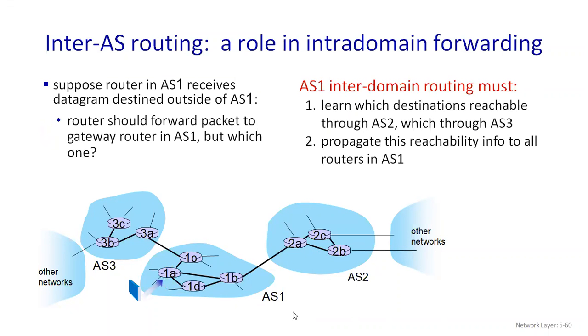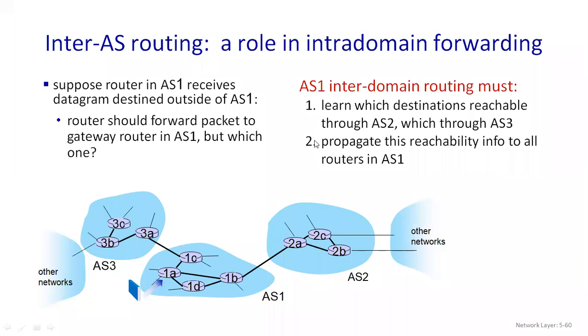So now how are you going to send? As I'm going to send to the other network, I have to utilize the concept of inter-domain routing. I have to learn which destinations will be reachable through AS2, because this is one network, this is another network. If I want to send from this AS1, you have to find out which destination will be reachable, AS2 or AS3.